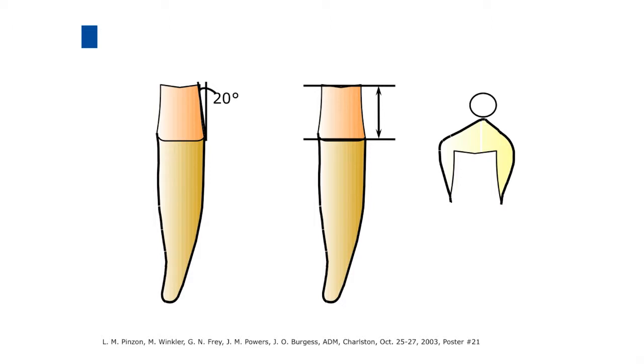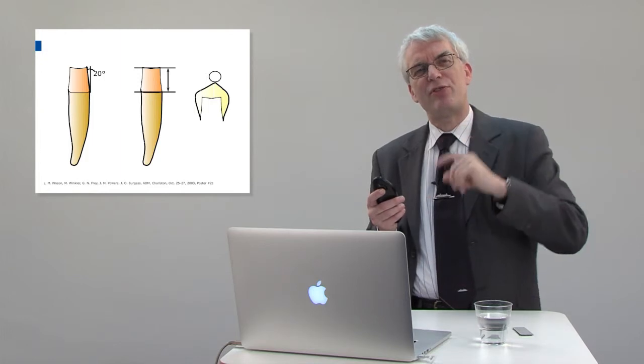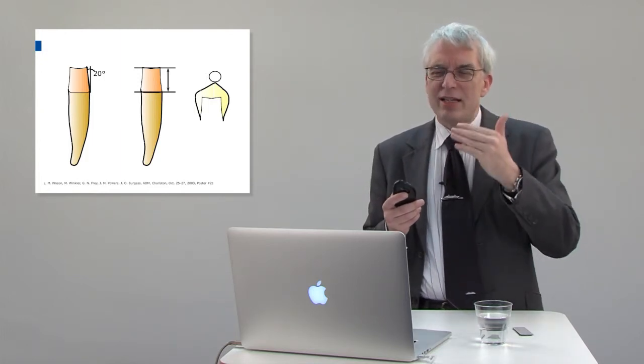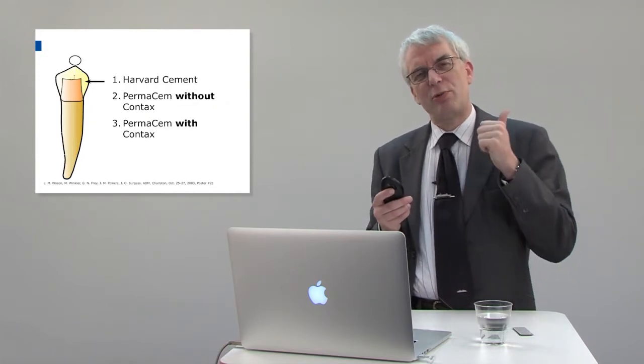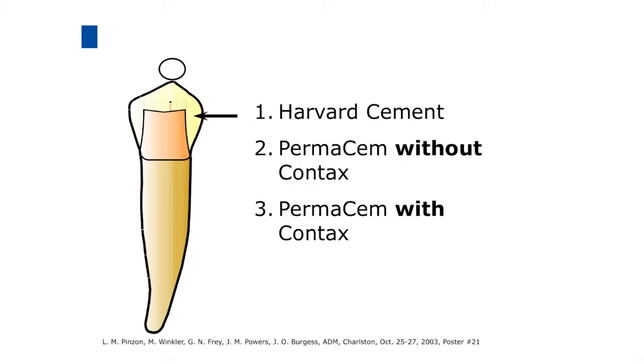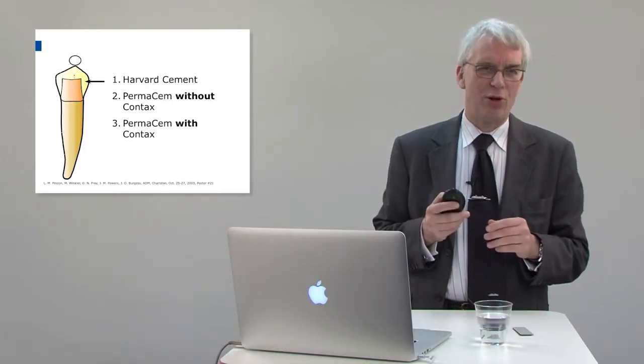So same length for the abutment, same surface, and that wasn't easy, but we did it and we put crowns on top of it. And we cemented the crowns first of all with Harvard cement, then with Permacem without a bonding agent, and in the last case Permacem with a bonding agent.